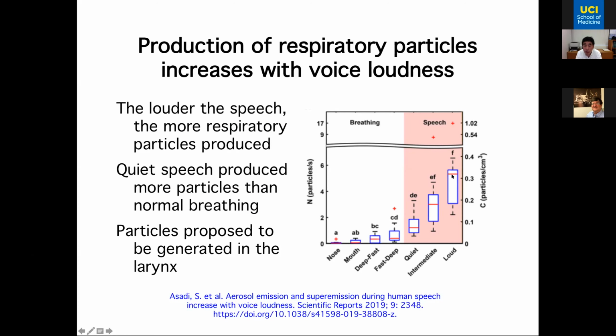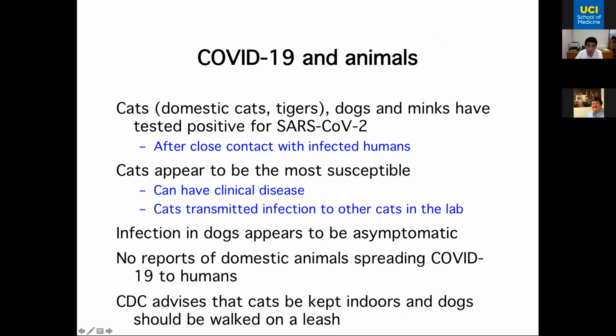So you can imagine when singing, if anything, it's loud, you're trying to project the voice. It's likely that those individuals were producing lots of particles, which may suggest why there were so many people who were infected. It's also thought that the particles are being generated in the larynx, not just the lungs.